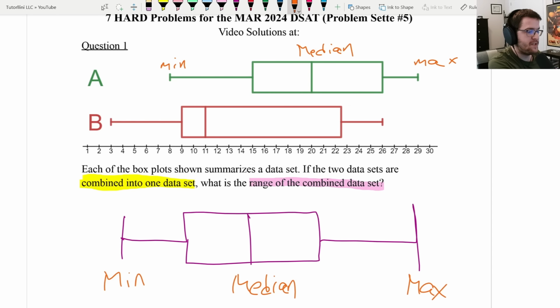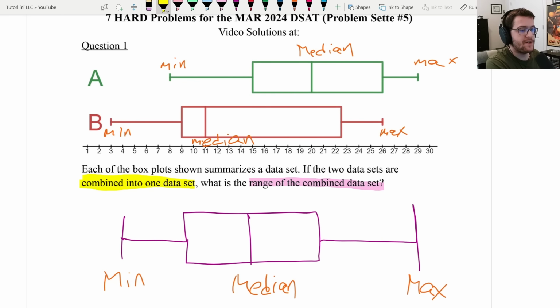And for data set B, this is the min, this is the max, and this is the median. We won't be able to determine what the median is, but we can determine the range by looking for the rightmost data value and the leftmost data value.